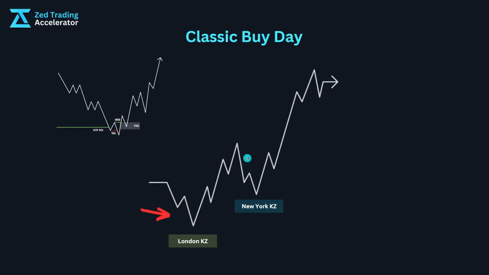If you look at this, the price goes down lower here, and also here. Then the price reached the higher time frame point of interest. In this example, right here, maybe a liquidity or maybe a point of interest. Then the price shifts higher and then continues higher.